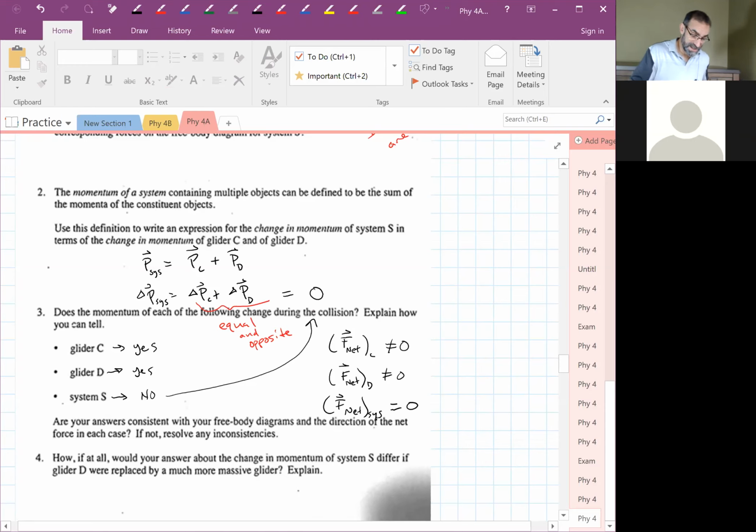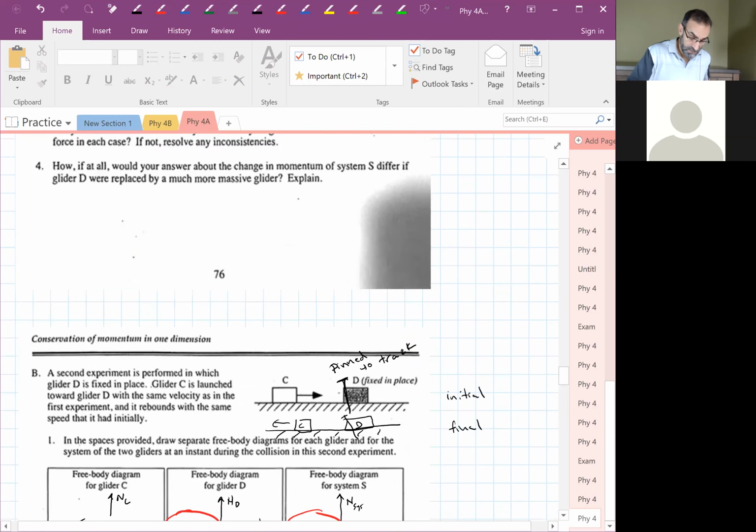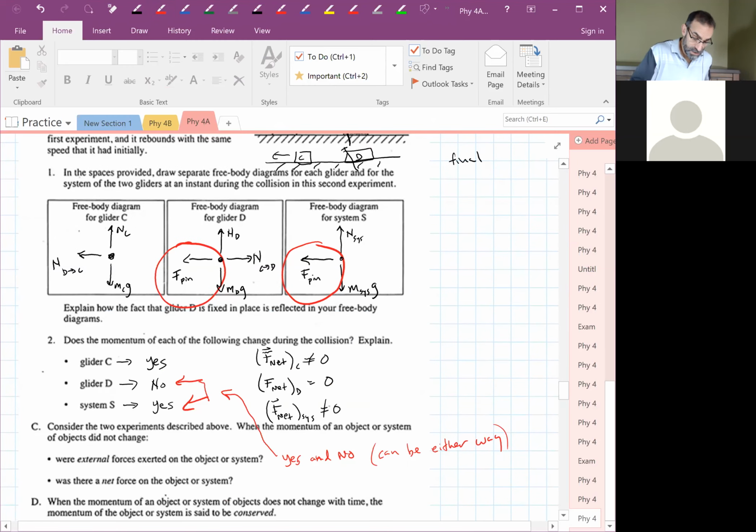Oh, no means no change in momentum, right? No change in momentum. Net force is 0.